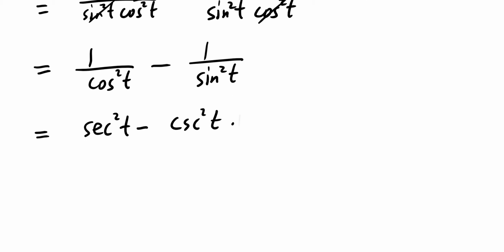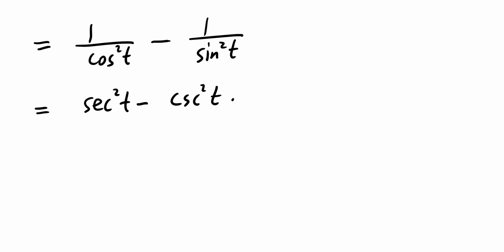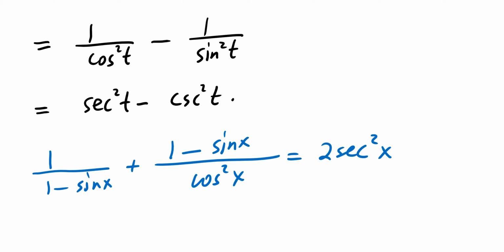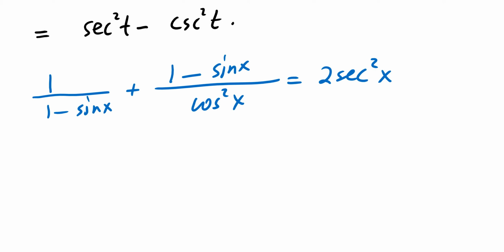More examples. What if we are asked to prove 1 over 1 minus sine x plus 1 minus sine x over cosine squared x equals 2 secant squared x. Of course, we start with the left hand side.